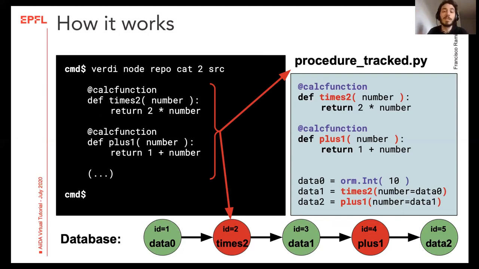Now, hopefully this gives you a bit of an overview of how it is like to work with AiiDA, how to use the ORM scripts, and how to use the command line interface to run the scripts and to query the database. And note that what we just did here with Python functions can also be adapted to use almost any kind of external code, external program, only that instead of using a decorator, you will need to set up the information of how the code works in a way that AiiDA can understand it.